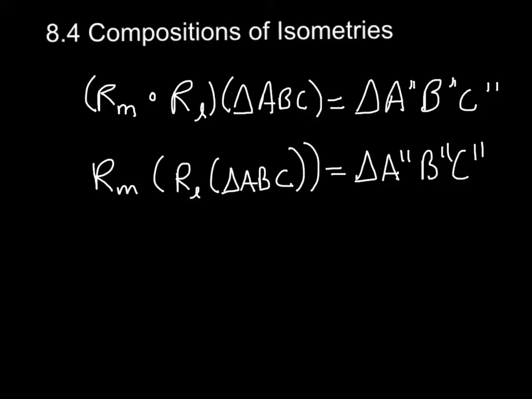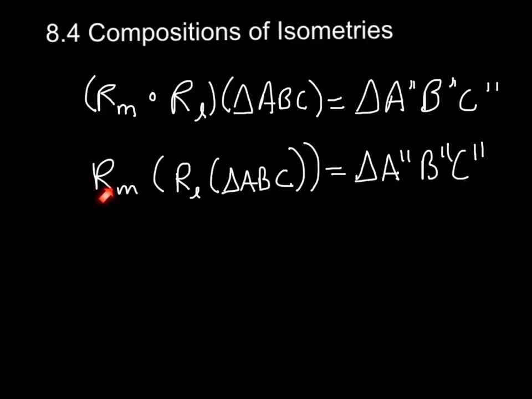So here's how you say it. You would say the reflection over line M following the reflection over line L of triangle ABC is equal to triangle A double prime, B double prime, C double prime.